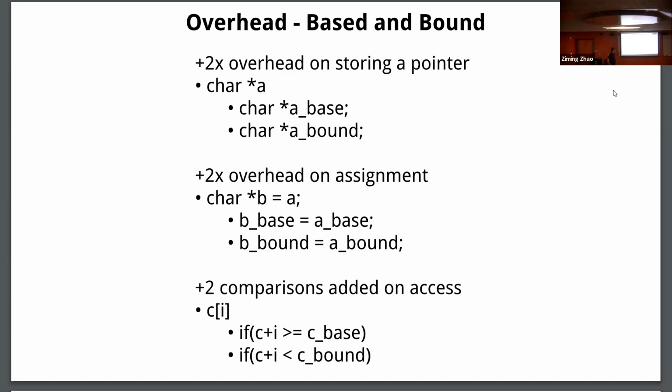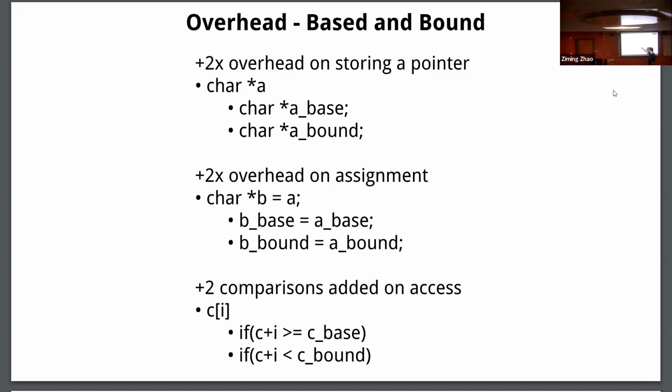So the overhead of this approach is actually very heavy, as you can see. For every pointer the developer creates, we need to have two more pointers, two more variables. So the program size is getting bigger. Then for an assignment, one pointer assigned to another one, we actually assign two more. The programmer didn't write this part, the compiler instruments this part, or the hardware can do this.